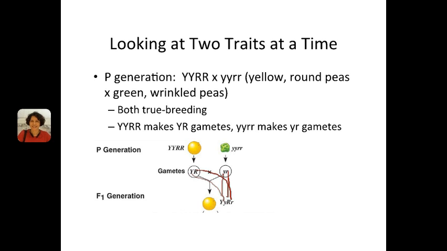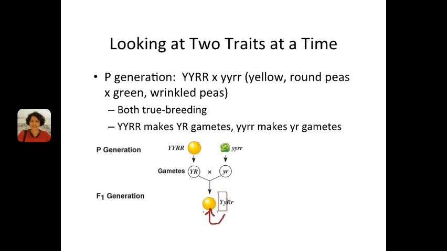Once you have the genotype, you apply Mendel's law of dominance and you determine the phenotype. You look at the two copies of the same character. So you've got big Y and little y. Big Y is for yellow peas, little y is for green peas. Yellow is dominant over green, so the phenotype is going to be yellow.